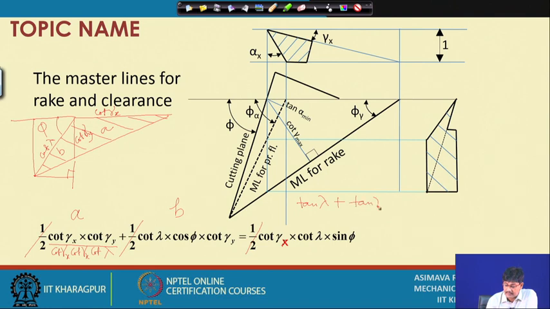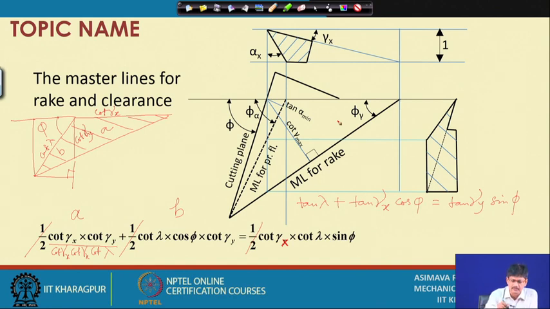So, tan gamma x cos phi equal to. In the same way cot gamma y will survive, so we will have tan gamma y into sin phi. Therefore, we have established a relation between lambda, gamma x and gamma y using this method, totally circumventing the method that we had learned the other day, and this seems to be more straightforward, extremely simple.